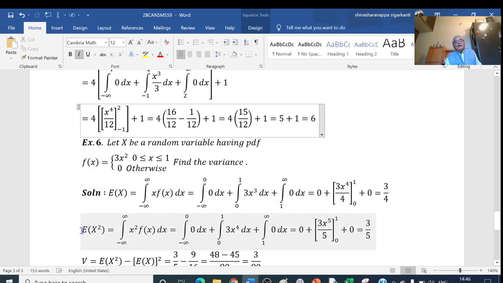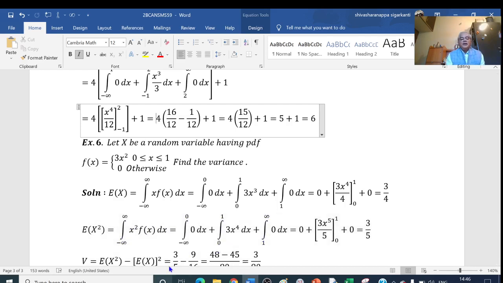Next I will go for E of x square. By the definition, E of x square equal to minus infinity to plus infinity x square into f(x) dx. Again I will split this interval as minus infinity to 0, 0 to 1 and 1 to infinity.